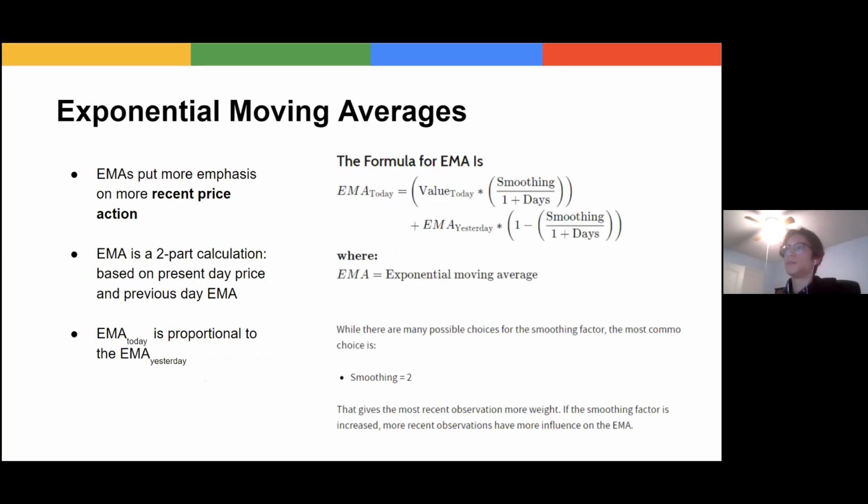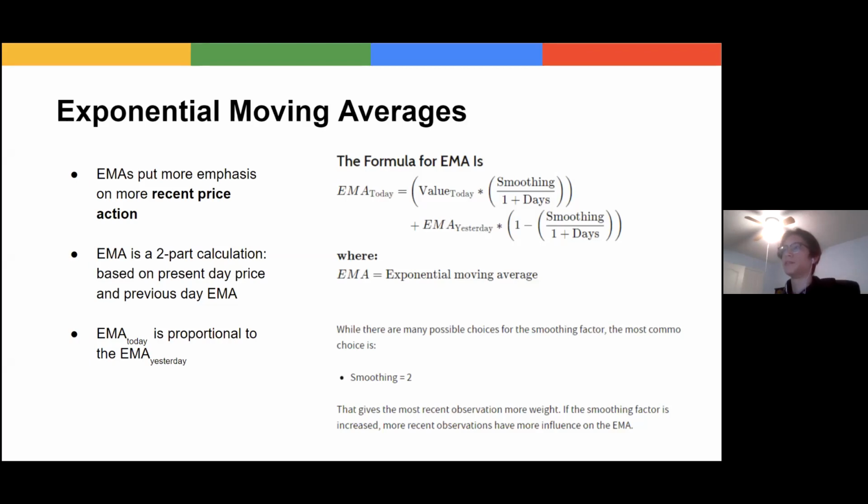So the main difference between the simple moving average and the exponential moving average is that the exponential moving average puts a lot more emphasis on the recent price actions compared to the simple moving average. You can notice with the simple moving average that the most recent price actions, which are arguably more important prices when looking for trends in a stock, are not considered as heavily as the previous days.